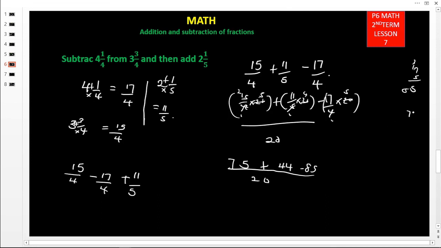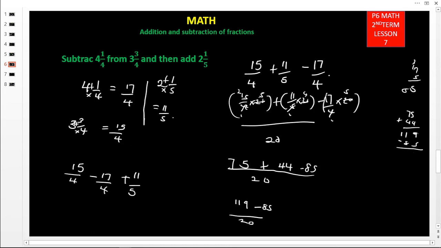Now 75 plus 55, what are you getting? This is 130, 130 minus 85 out of our 20. So here we are going to take away 85.